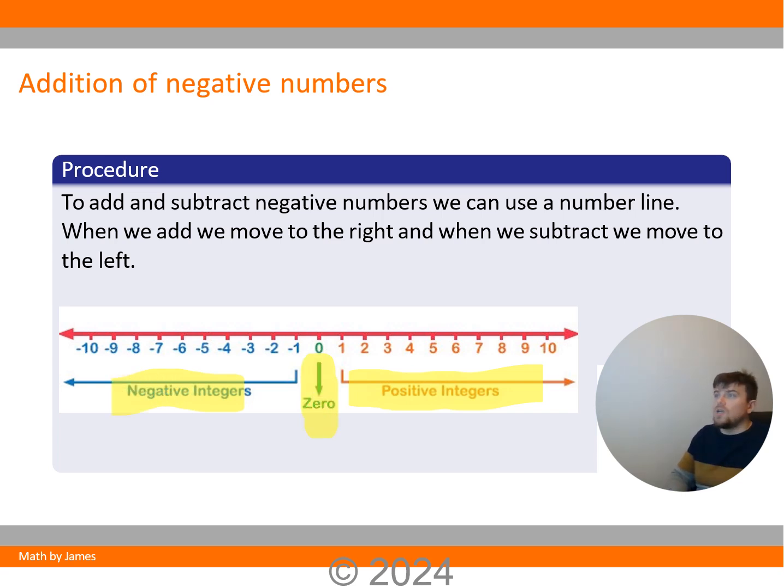Let's have a look at an example on the number line. It's a really good place to start with it. If you have to draw a number line, do that. It's a really good place to start with negative numbers because you can see it more from the perspective.